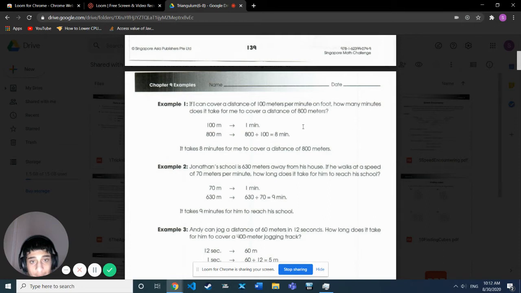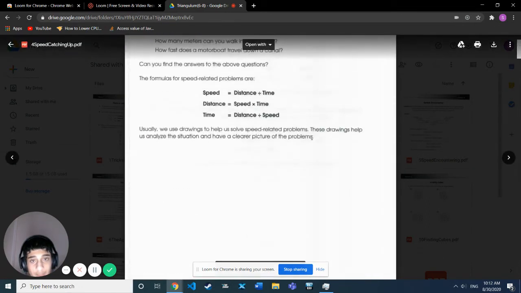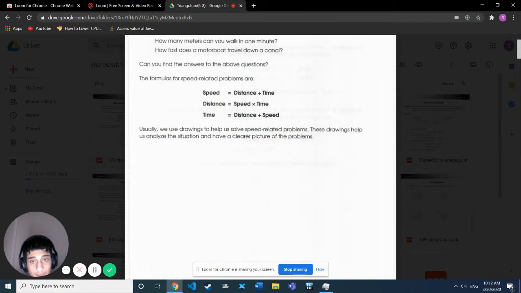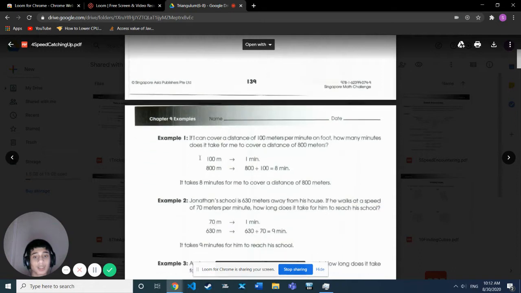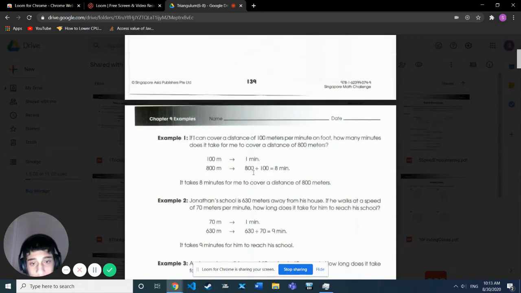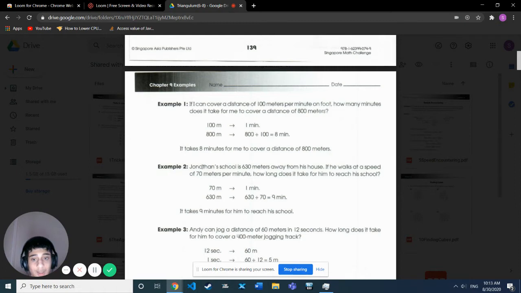To find the time it takes to cover 800 meters, we're looking for time, so the bottom equation is the one we use. Time is distance divided by speed. 800 meters divided by 100 meters per minute gives 8 minutes. So the answer is 8 minutes.